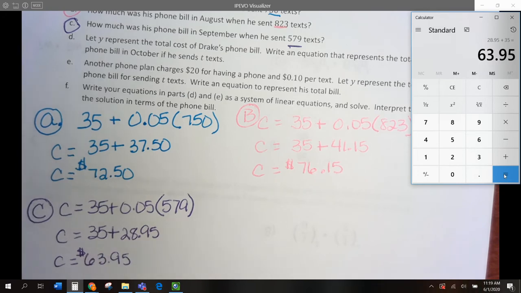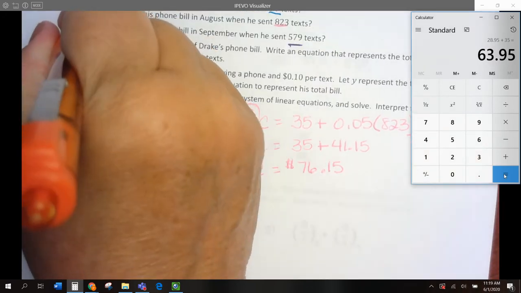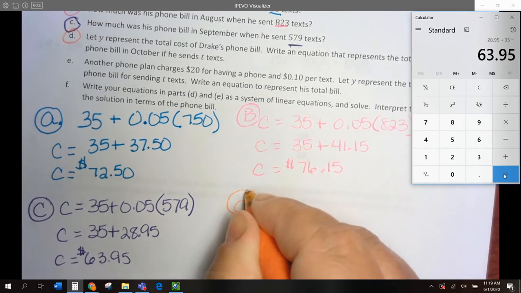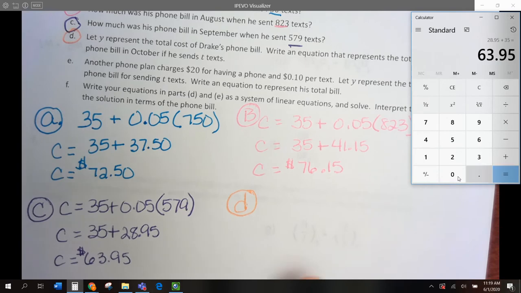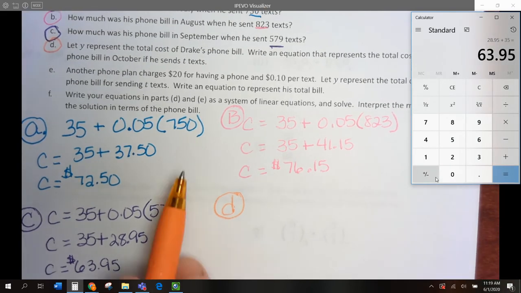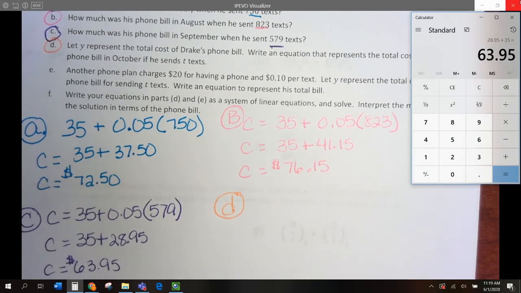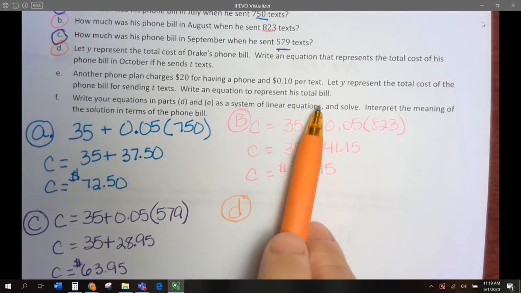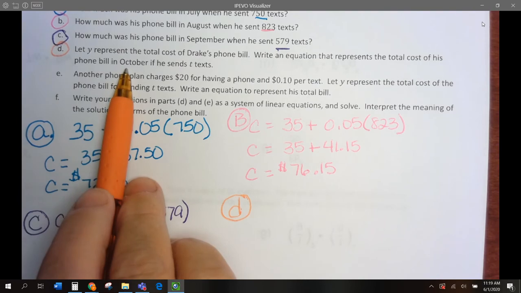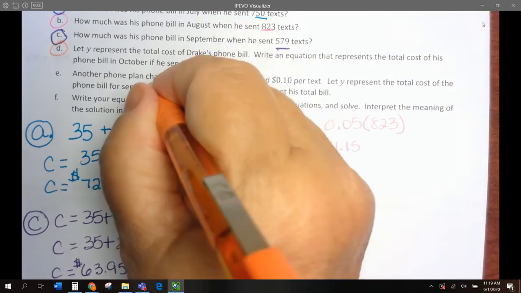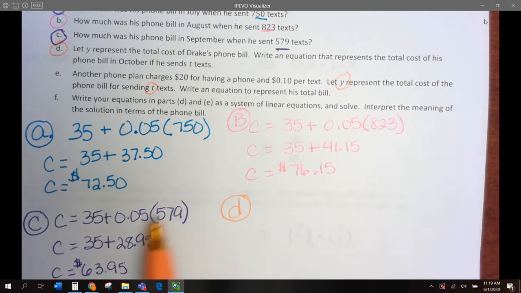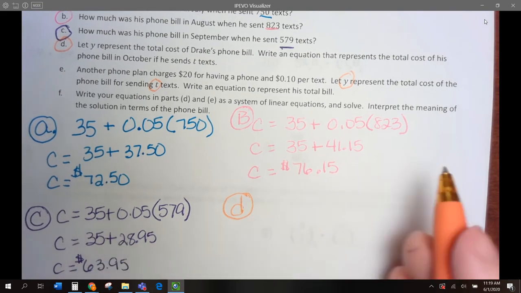What about part D? Part D says, let Y represent the total cost of Drake's bill. Write an equation that represents the total cost of his bill in October if he sends T texts. So Y is going to be his total cost. Remember, I was using C for cost, right?